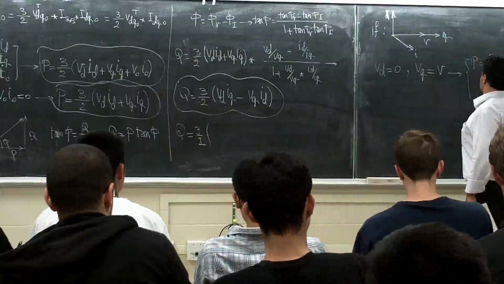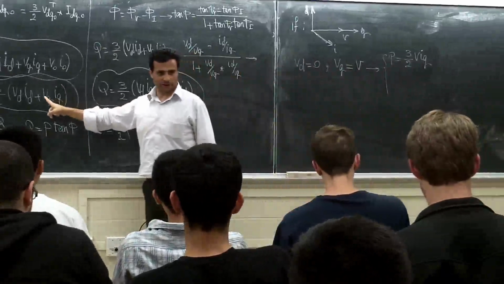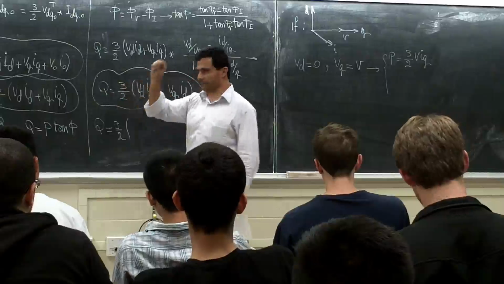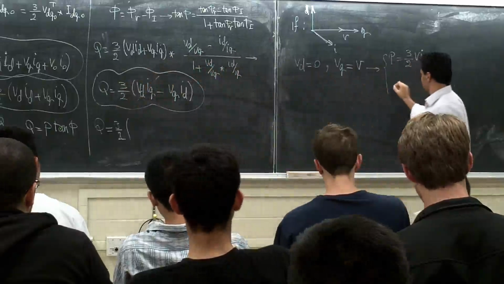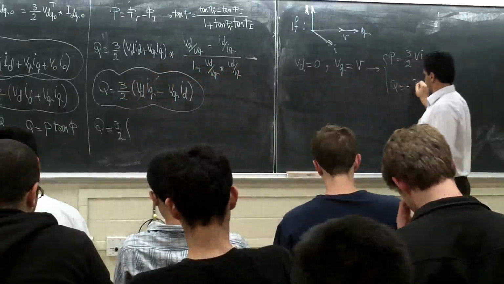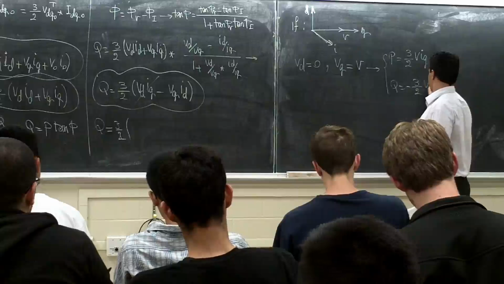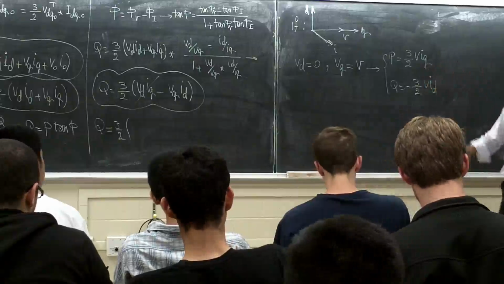So P is going to be 3/2 V Iq, because Vq is V. Here, again Vd is 0, this term is gone. So it's going to be V I. What is V?